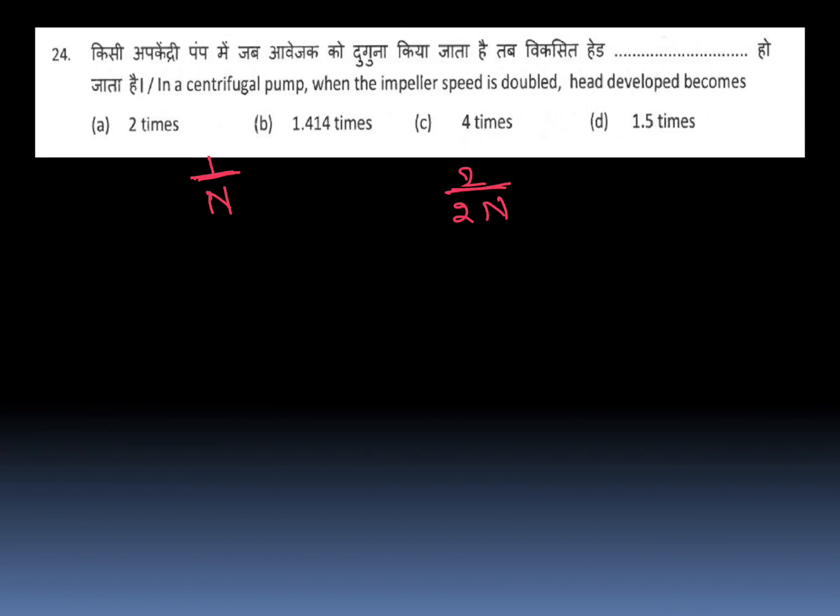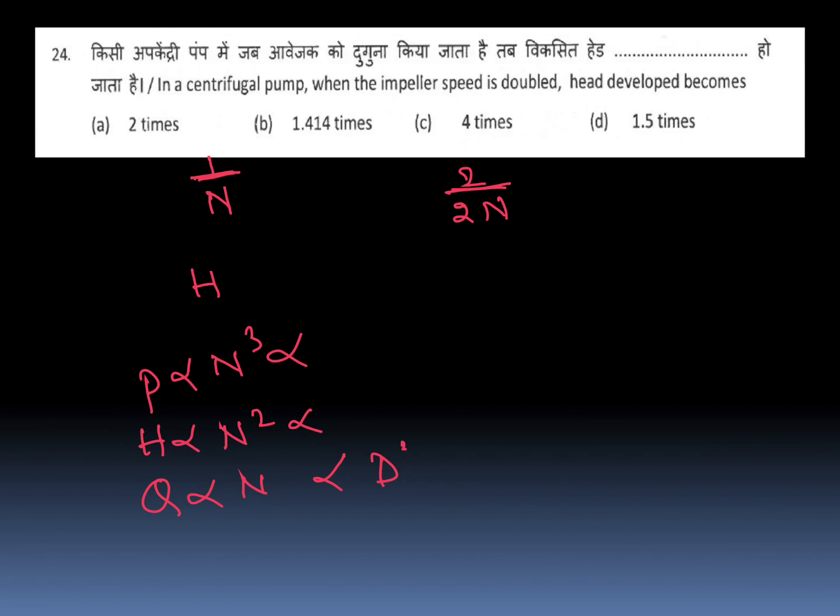For a pump we know the relations for power, head and discharge Q are very important: Q is proportional to n and d cubed, head is proportional to n squared and d squared, and power is proportional to n cubed and d to the power 5.